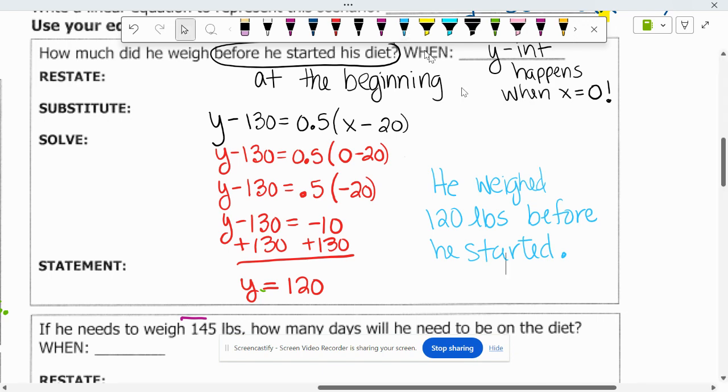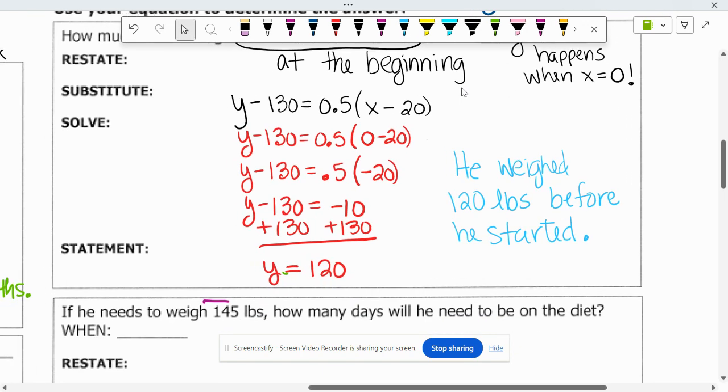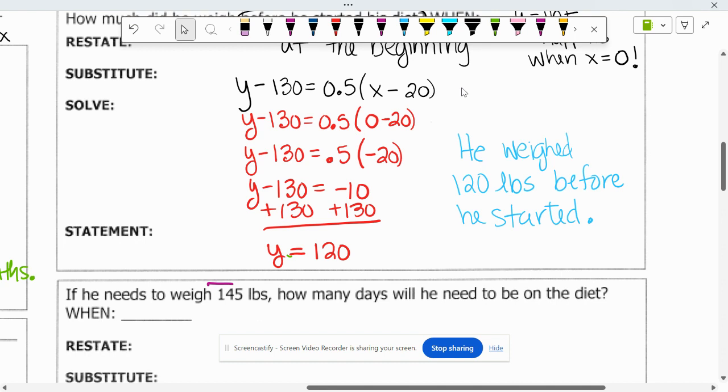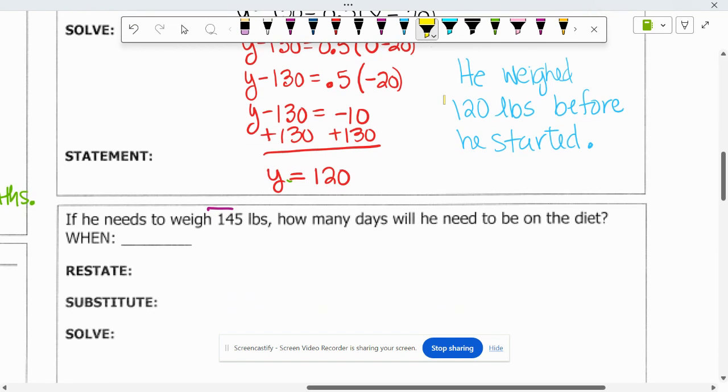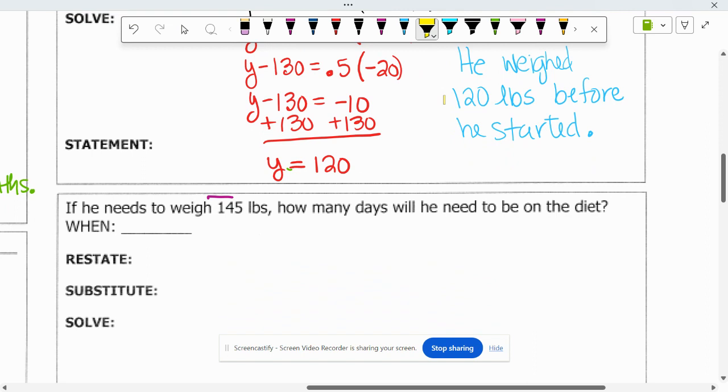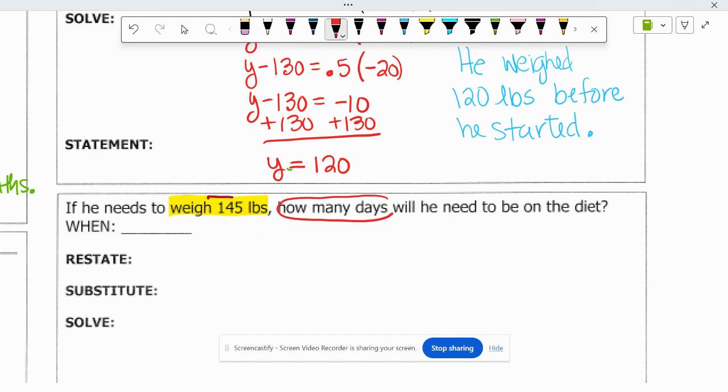All right. So the second part of this question says, hey, guess what? If he needs to weigh 145 pounds, how many days will he be on the diet? So we want his weight to be 145, and we're trying to figure out how many days. We're trying to solve for x, and we want y to equal 145.